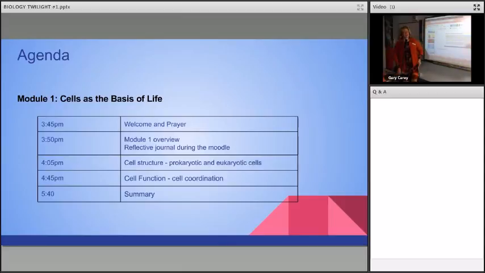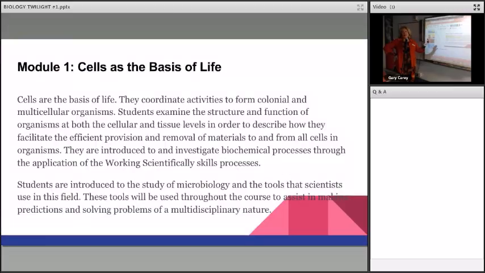Okay, so you've had a chance to look at the content focus now. What I'd like to draw your attention to is the fact that it says that cells are the basis of life. They coordinate activities to form colonial and multicellular organisms. Now, we don't do any colonial and multicellular organisms in this module, so I don't know why it's there.